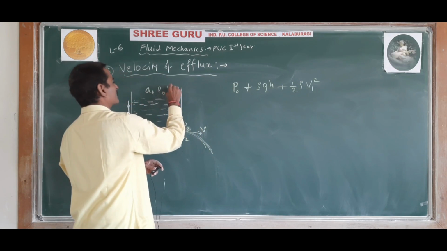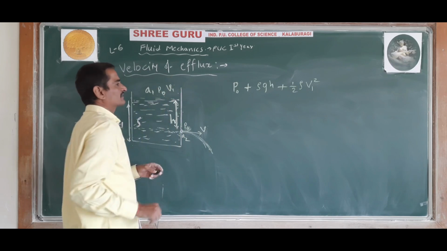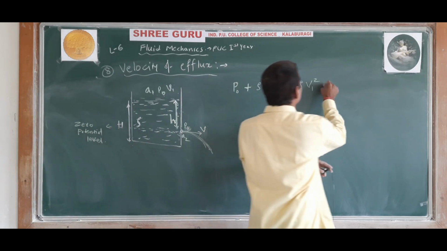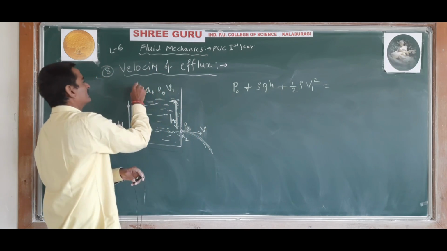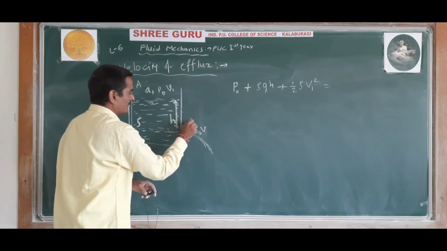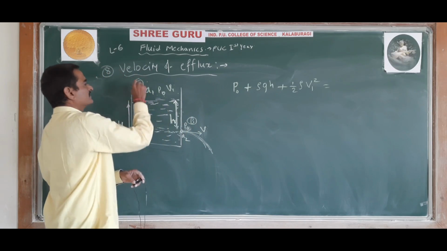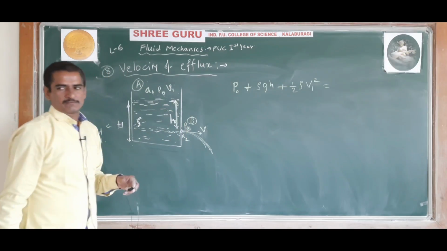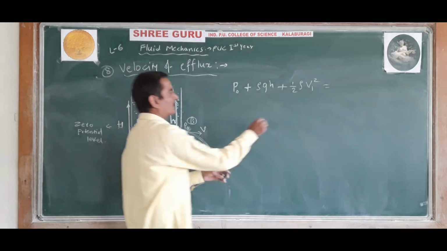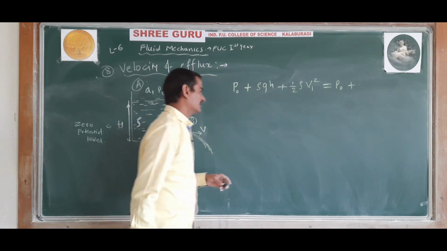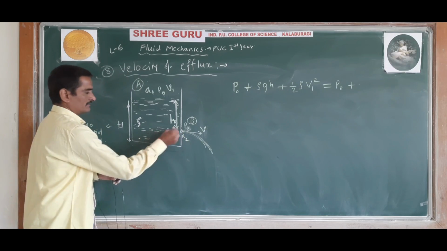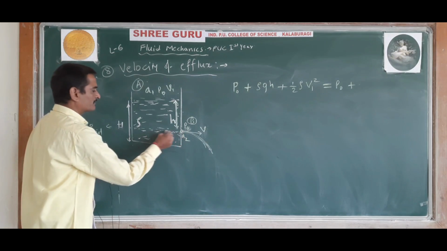Here the velocity of the liquid is v1. This is point A and this is point B. At these 2 points we have to apply Bernoulli's theorem. Simple. So pressure at this point is P0 plus potential head, that is pressure head plus potential head.